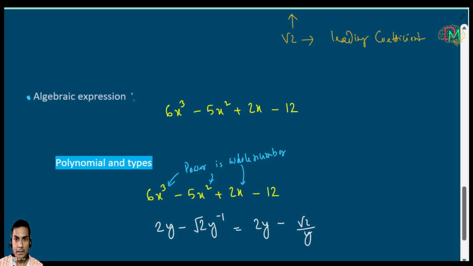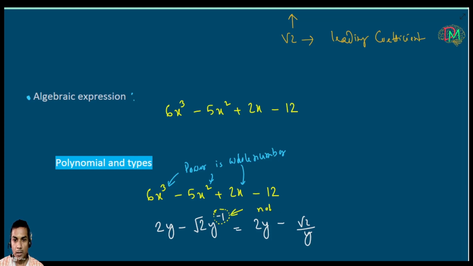You can say this is definitely an algebraic expression, but you can't say it is a polynomial, although it has a variable, constant and power. But look at this term, minus 1. Minus 1 is not a whole number. Clear? So this was a polynomial, but this is not a polynomial. Clear? This is not a polynomial.